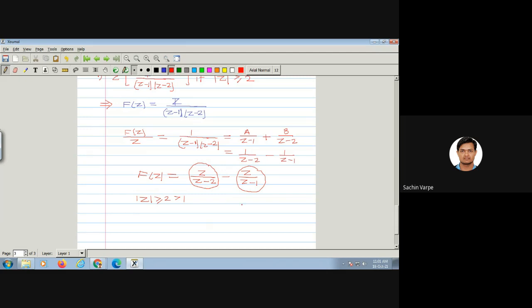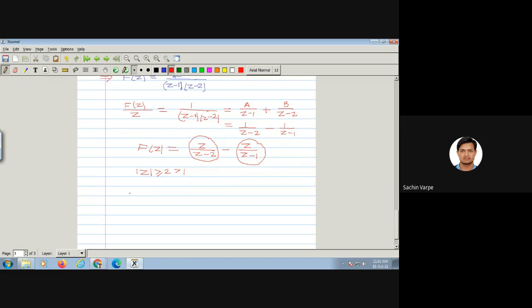As we all know, for mod z greater than mod a, the inverse Z transform of a function z upon (z minus a) is a raised to k. Let me write the formula in a different color.